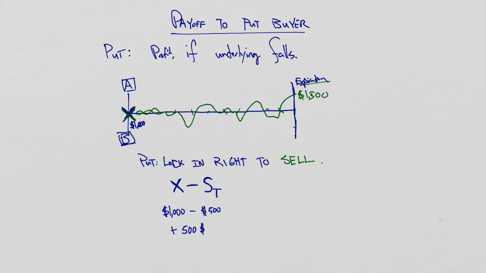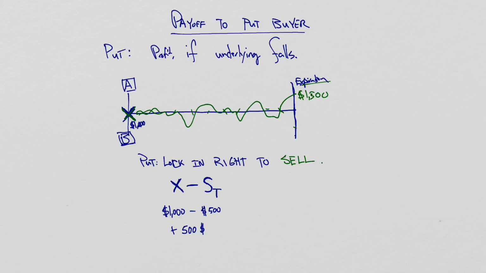If you look at the payoff here, they have the right to sell at $1,000, but if Apple went to $1,500, then there's no way they'd want to sell for $1,000 when it could sell for $1,500 in the open market. And so really they lost $500, but because this is an option and not a future or forward contract, they have the right to walk away from this loss.